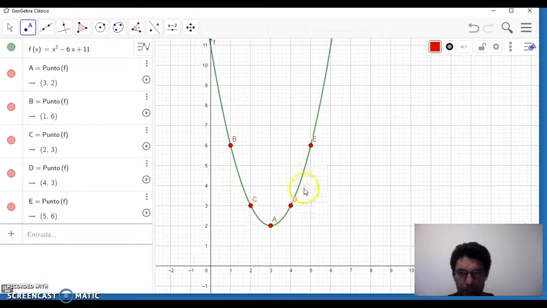These are the points that we tabulated before, and we obtain the parabola.